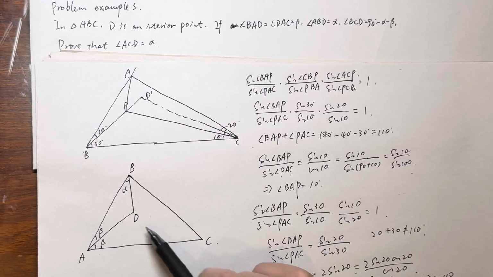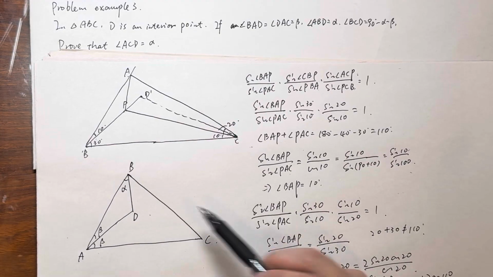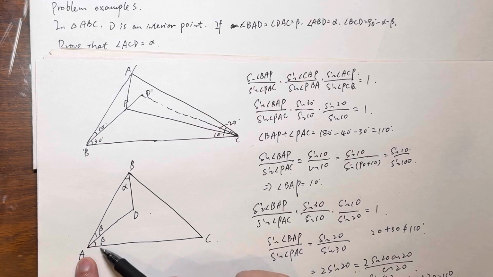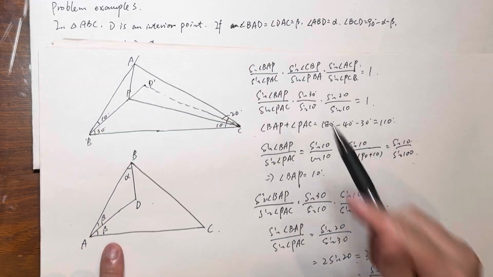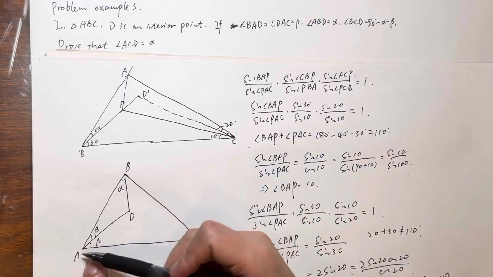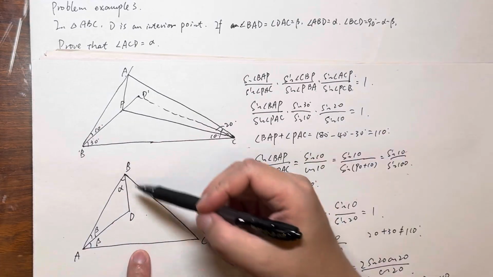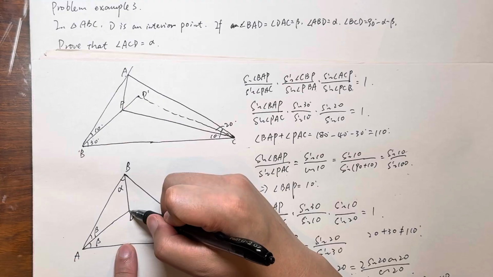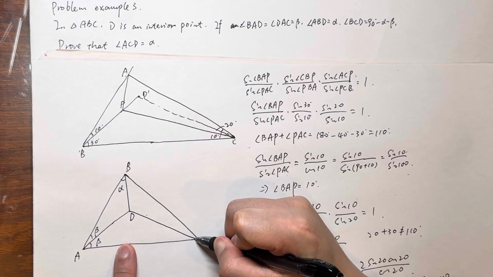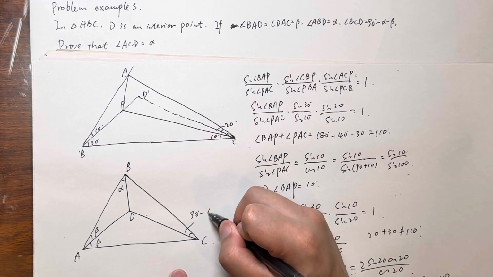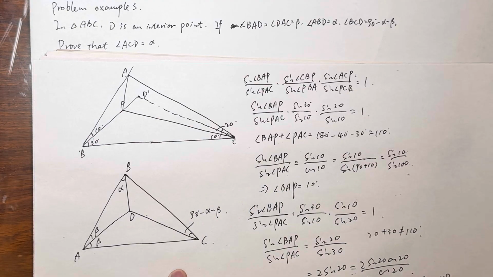Angle BAD equals angle DAC equals beta, and angle ABD equals alpha. Angle BCD, this angle, equals 90 degrees minus alpha minus beta.